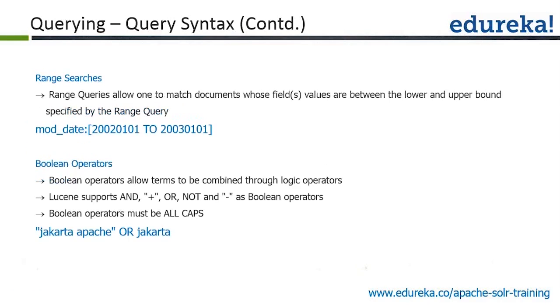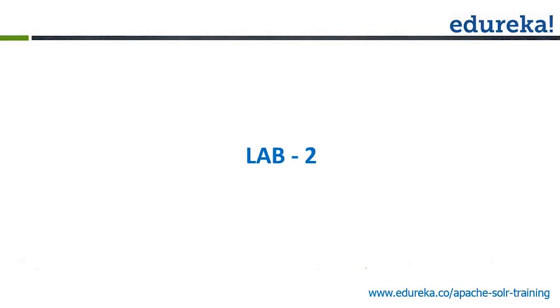Similarly, a range search is used with the field name, colon, square bracket, the starting value to the ending value, square bracket. That is how we use range searches. I'm just covering the basics of it. As we get into the details, we'll see some of the differences between the API as well as the query syntax version of it.